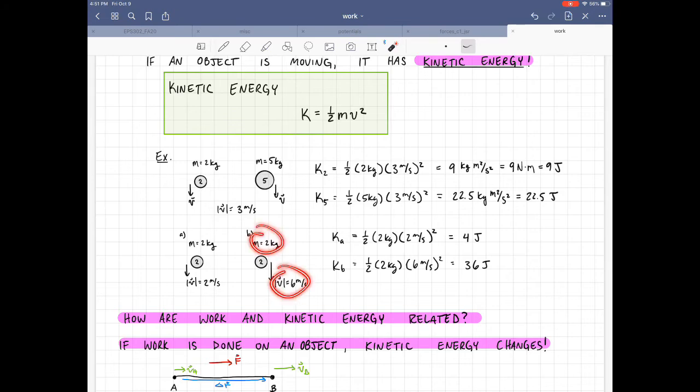Same mass, but now 3 times the speed. So 1/2, 2 kilograms, 6 squared, so 36 joules. So we increased the speed by a factor of 3, but since in kinetic energy that speed is getting squared, we've actually increased the kinetic energy by a factor of 9, 3 squared.